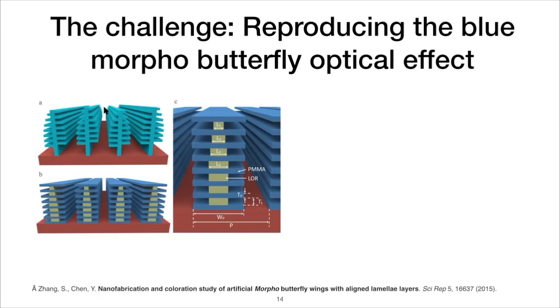So our problem here is 1D for S4. Ultimately, you would like to reproduce the same shape of the tree here for each unit cell. However, for simplification, we will consider a unit cell that looks like this, actually multi-layers of alternating layers of PMMA and air in between, and a support of another material called LOR.